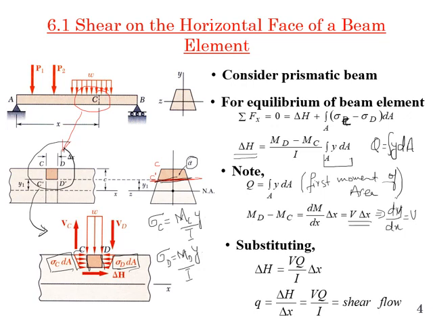Delta X is basically this distance, only this element distance. So we are taking this as delta X. Simply, if we take delta H by delta X, it is equal to VQ over I. So this is known as shear flow.